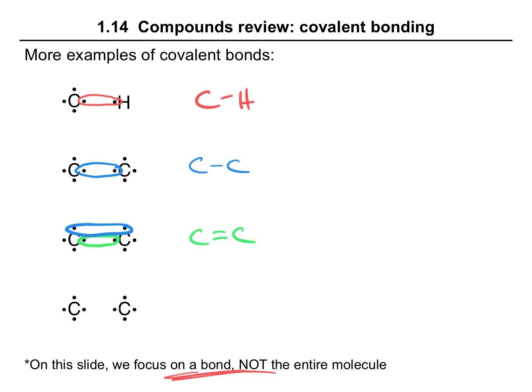And finally, we can have carbon share one pair, two pairs, three pairs of electrons, giving us a carbon-carbon triple bond. So here we have just a portion of a molecule, but as we're talking about covalent bonds, we can already see a variety of bonding possibilities.